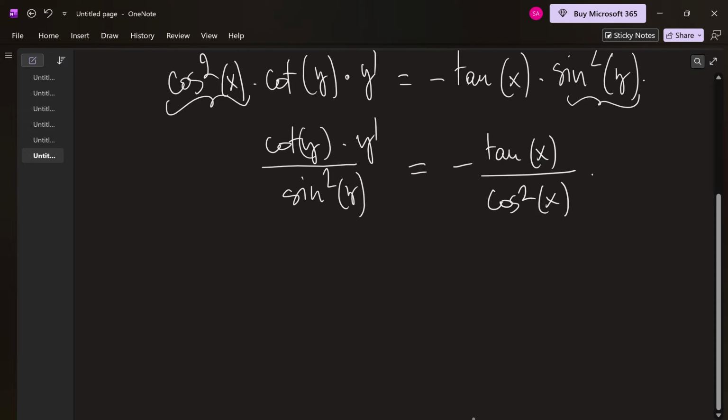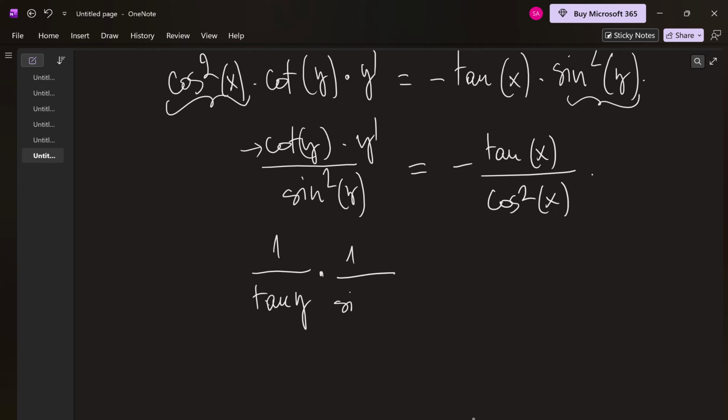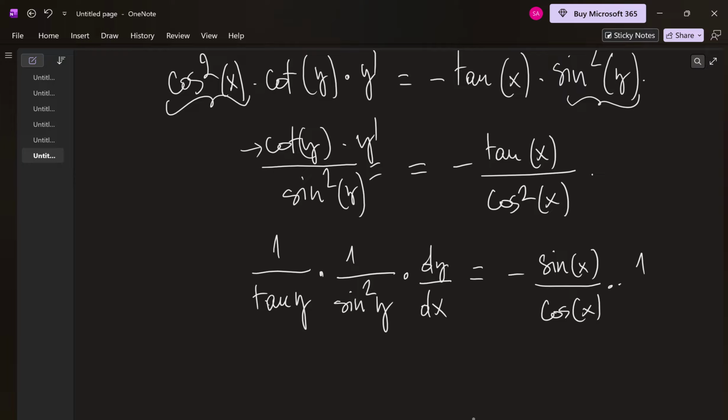So this cotangent y is actually equal to 1 over tangent of y times 1 over sine squared y, and this y prime is actually dy over dx, and this is equal to, what is the tangent x? It is actually sine x over cos x times 1 over cos squared x.